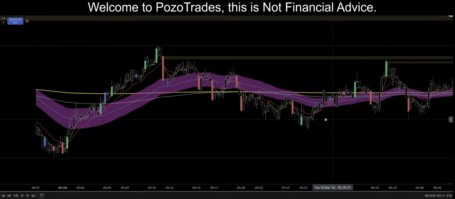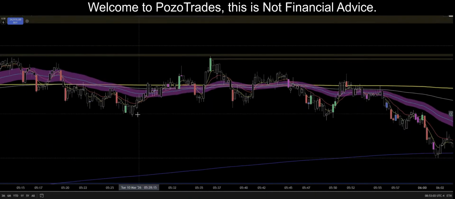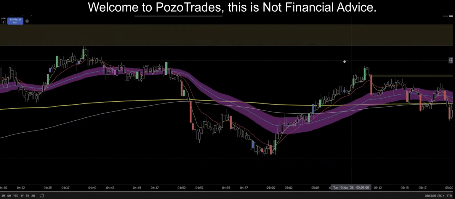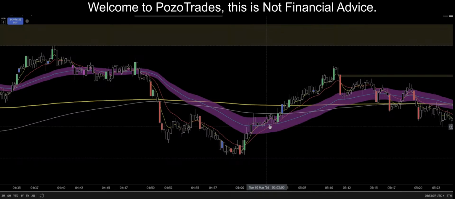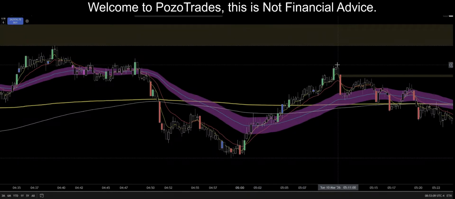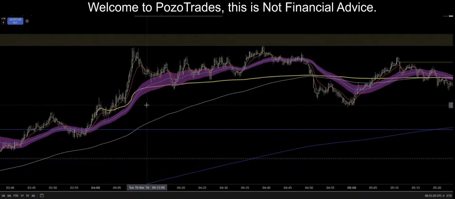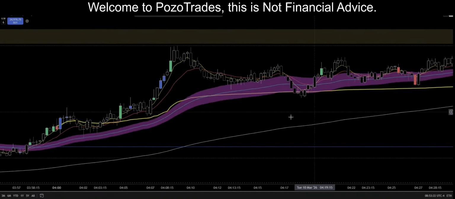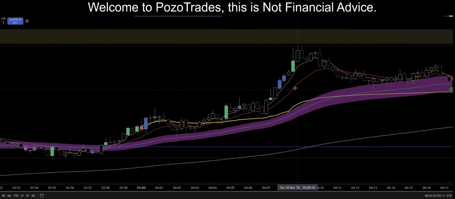Or vice versa. Let me see if there was a green. Okay, so here you have green vectors pushing up. You're above the 50 on the 15-second, and you get a hammer candle. I don't really take shorts, to be honest, not very often. This is what you have to watch for.